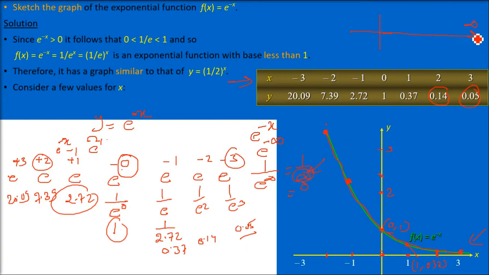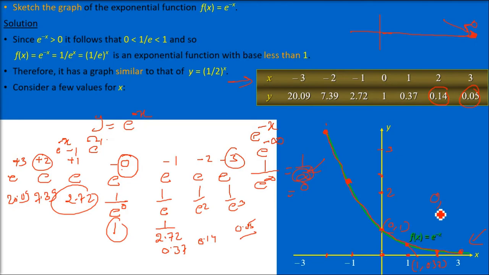y will be 0, that is, it will touch the x-axis only when you go to infinity, which you will never reach. There is no number called infinity. This is undefined. So the range will be 0 to infinity, and you will get an asymptote at y equals 0. There will be no negative value. That is why the range is 0 to infinity.